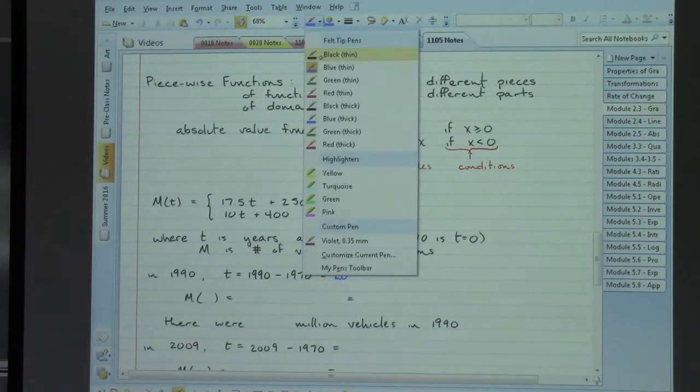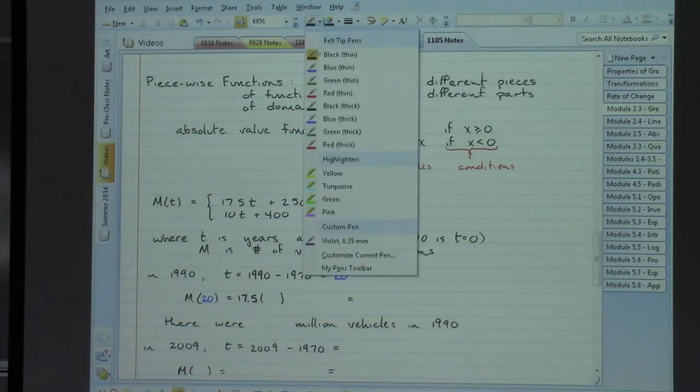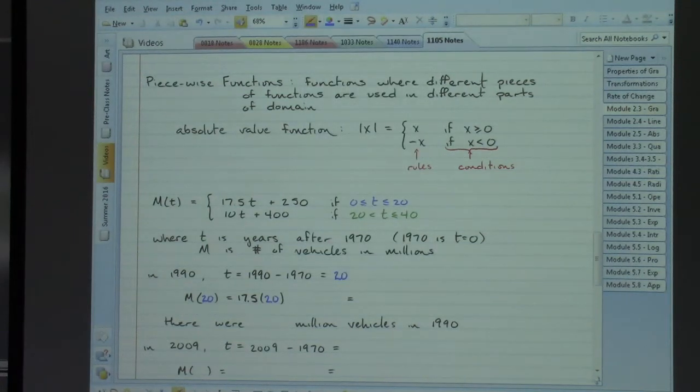That function rule says that if we're going to be plugging in the 20 for t, that first piece says 17.5 times the 20 plus the 250.